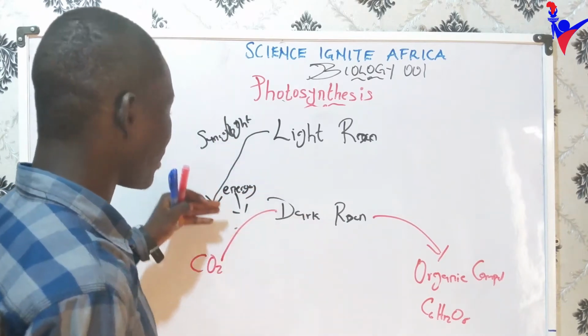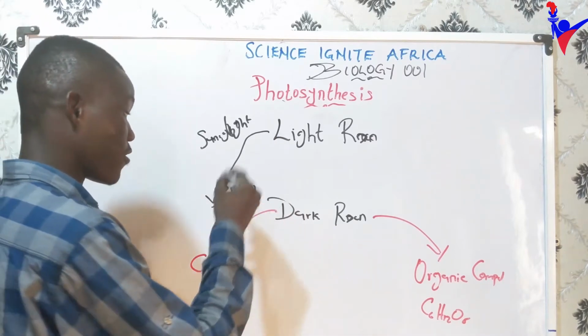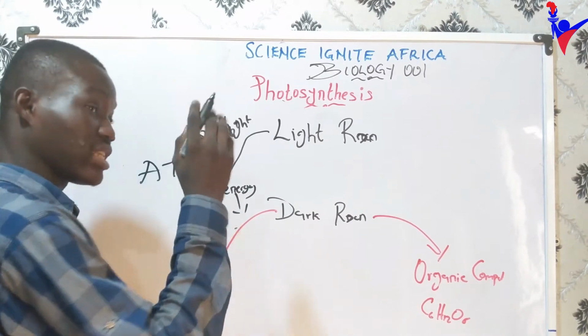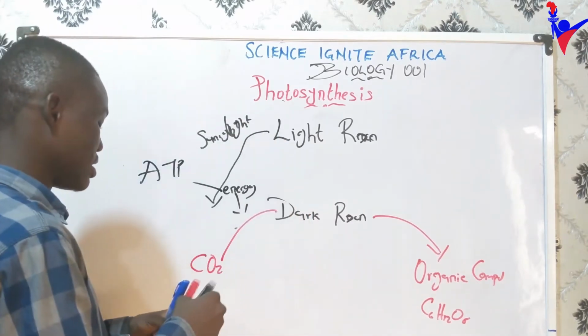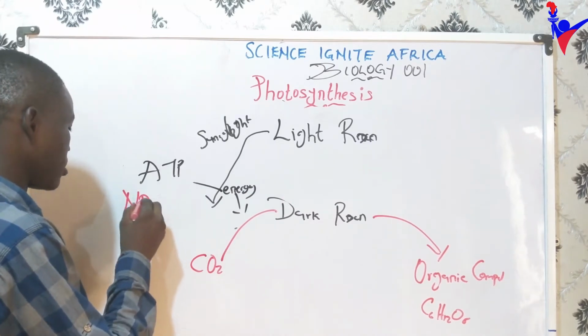And now that energy that is being produced, very important, we are going to mention it now. It is stored temporarily in what? In ATP. Don't forget, ATP is the energy currency of the cell, and another molecule called NADPH.